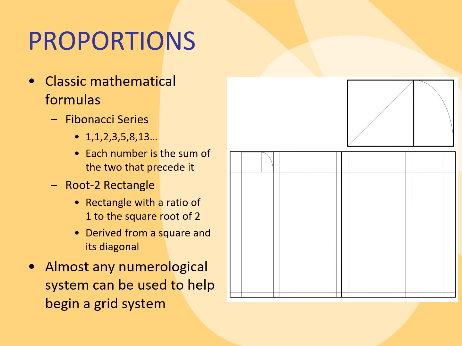All right, so proportions, we do have this classical mathematical proportion, the Fibonacci series, and basically you have the idea that you've got this perfect square, and you take the diagonal across the square and swing it down and use that now longer edge to create a rectangle.